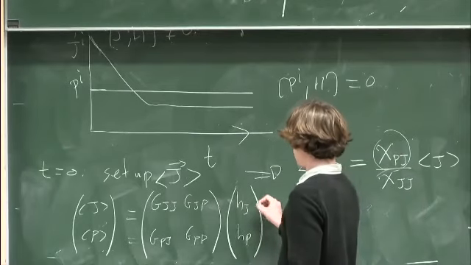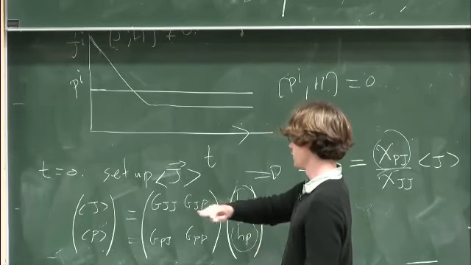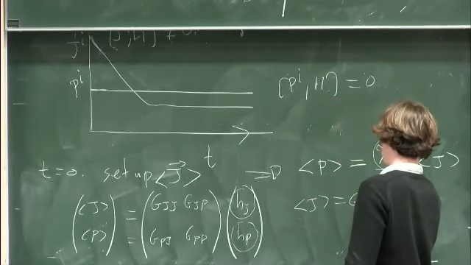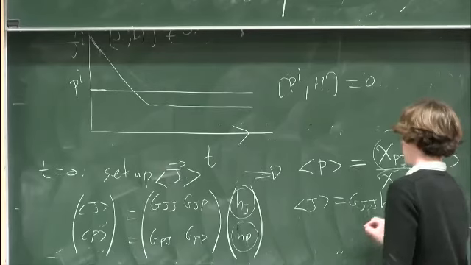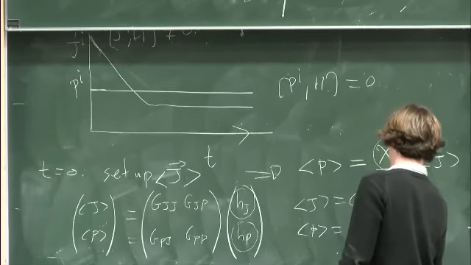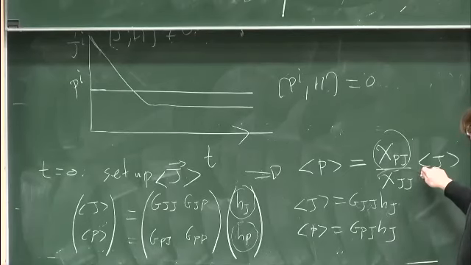Because I start off with a source for the current and no source for the momentum. I just put in the current, and so J is GJJ of HJ, and P is GPJ of HJ. Then I eliminate HJ, and I get this relationship.